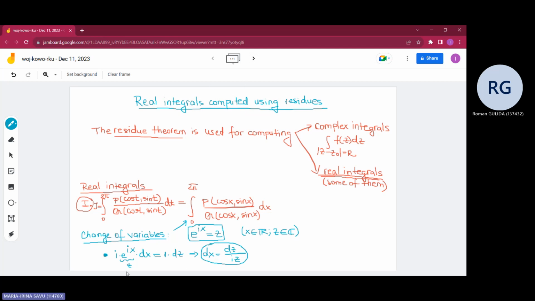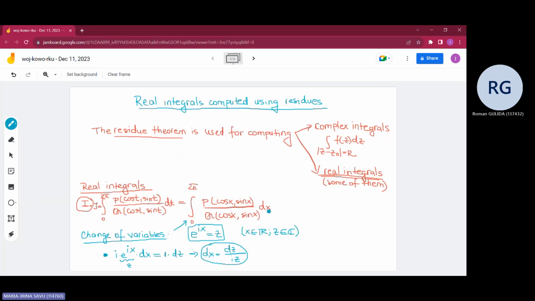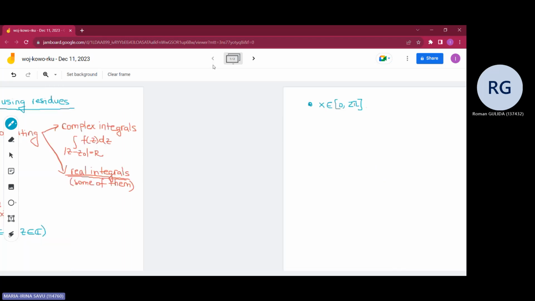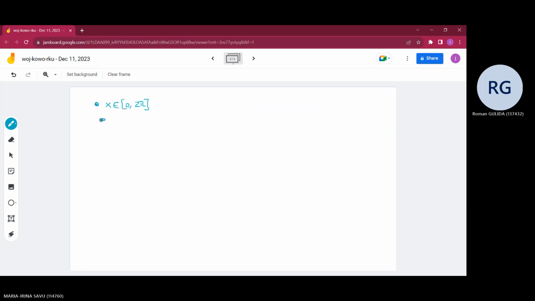Then you have to change the domain of this integral. You know that x, which is the variable, is in 0 to 2 pi. The change of variables is e at ix equals z.